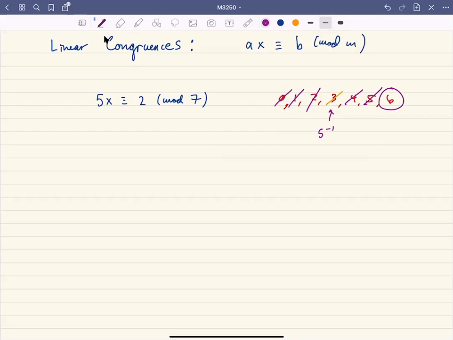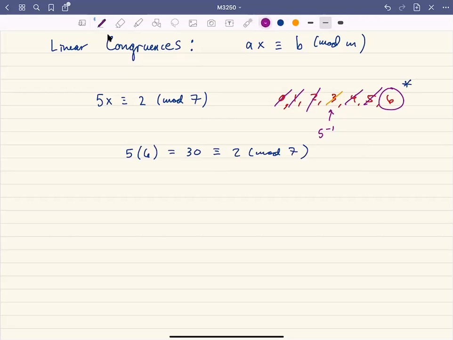So when you take 5 times 6, you end up with 30, and 30 is congruent to 2 mod 7. Okay, so here's our solution. The solution there is going to be 6.